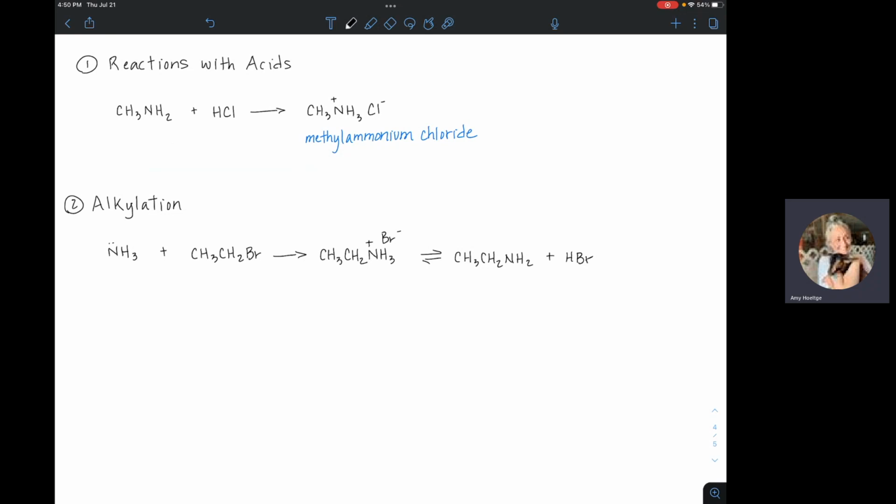Let's see. We could do an intramolecular one. We haven't done really anything like that yet. We could use an amine as a nucleophile, and it can do an intramolecular SN2. So something like this.